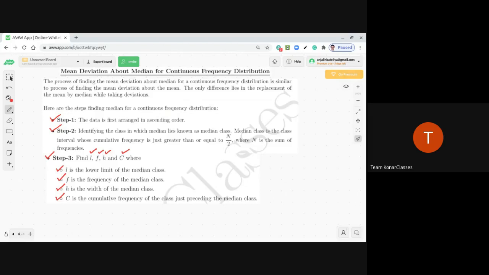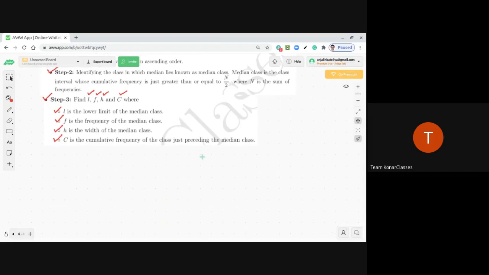Clear, dear students? Once these four values are found, we can find the median just by means of this formula, which I'm going to place in front of you.